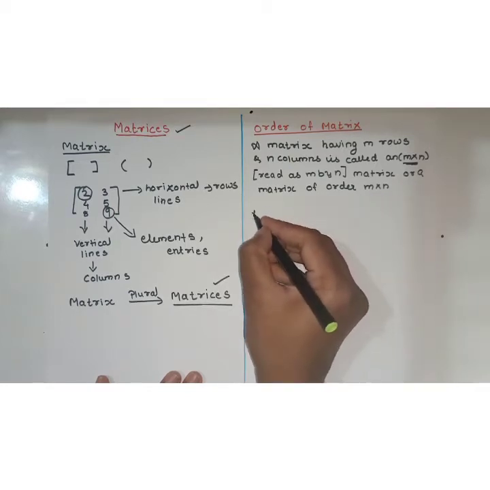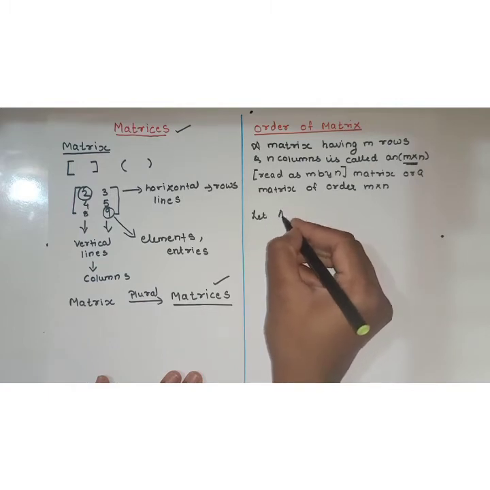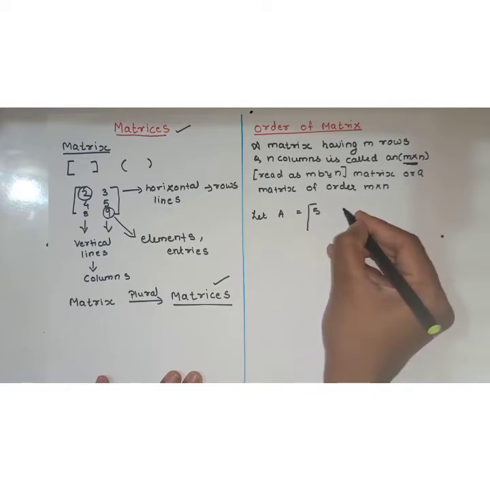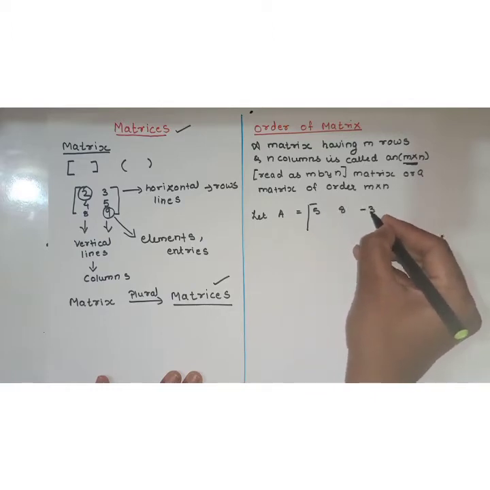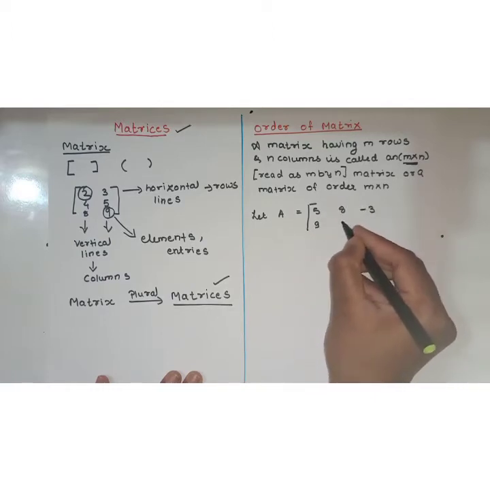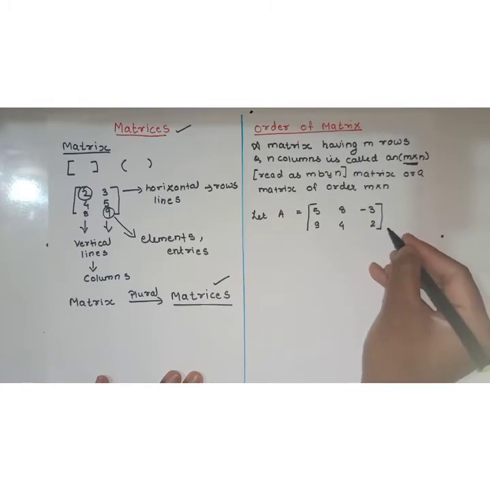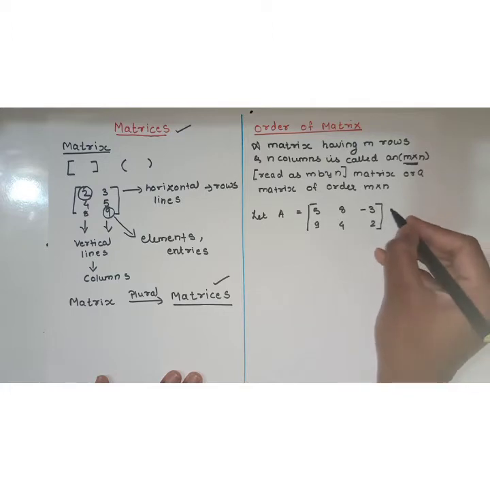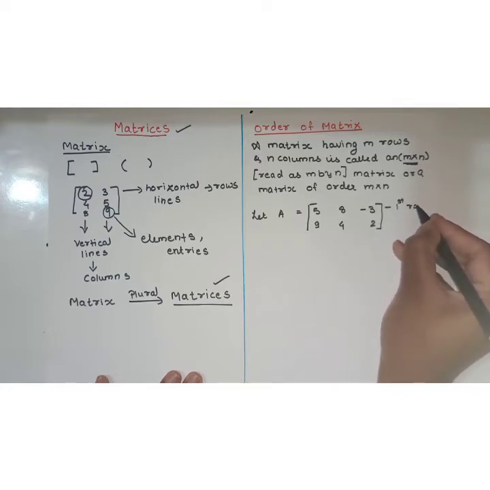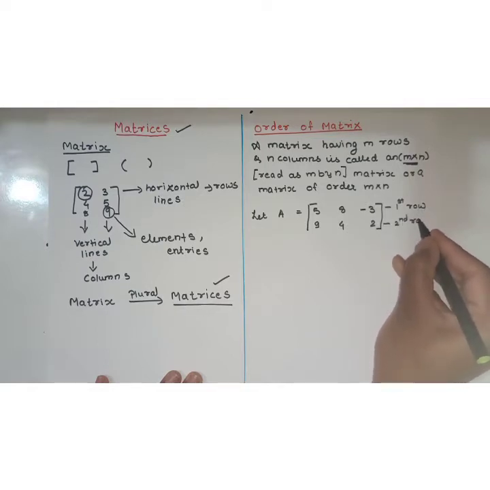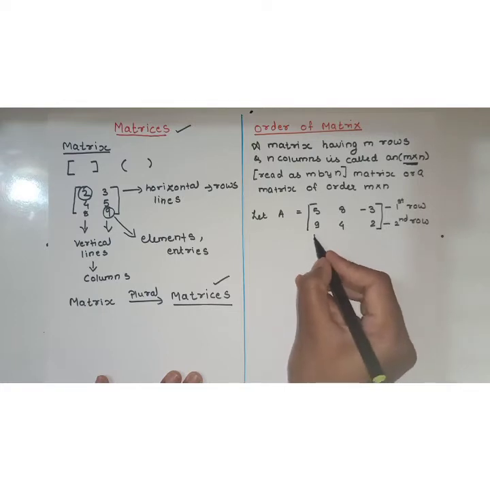Now here you just see one example. Let A equal 5, 8, minus 3, 9, 4, 2. These are the elements of your matrix.